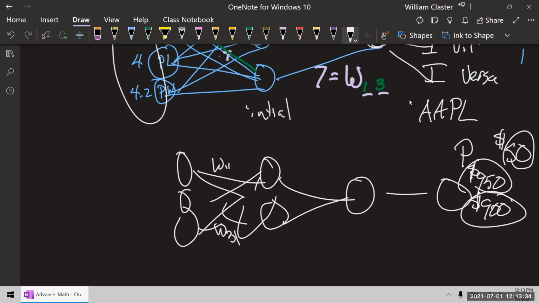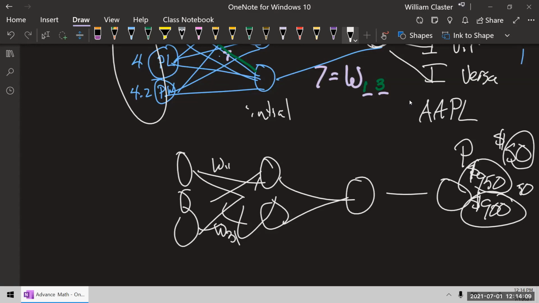What we can do is use the error and try to adjust the weights, so that given that same input that predicted the price was going to be 950, maybe it would actually predict 900. So somehow we want to adjust the weights based on the fact that we got some $50 error.